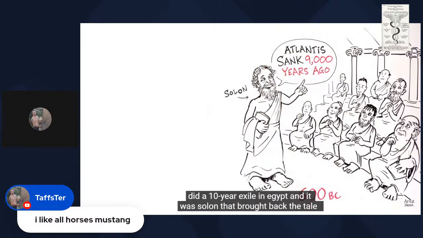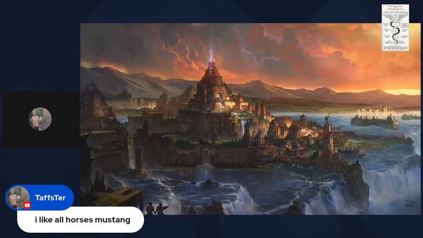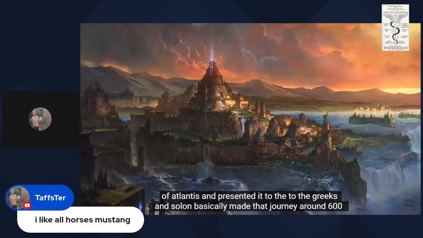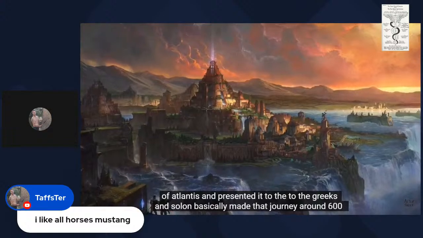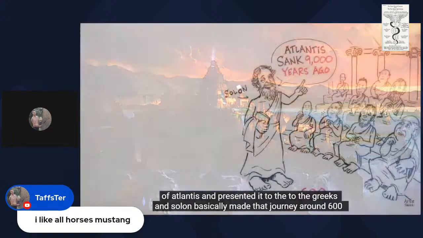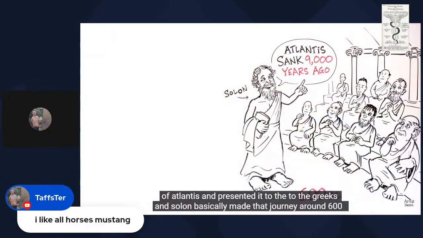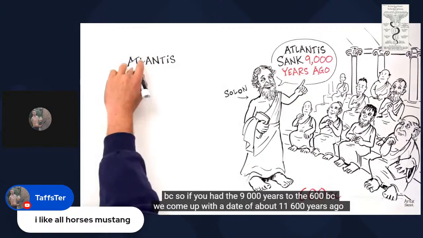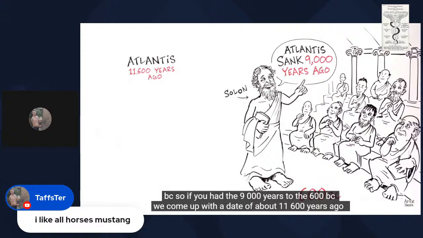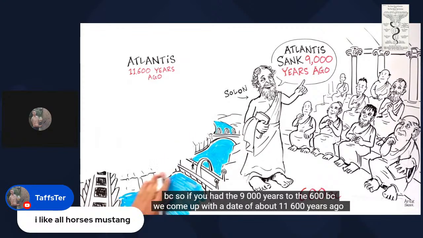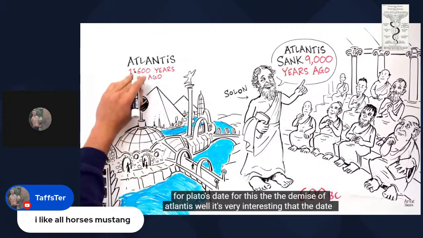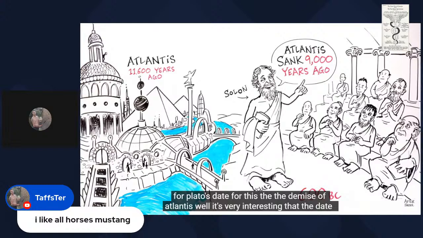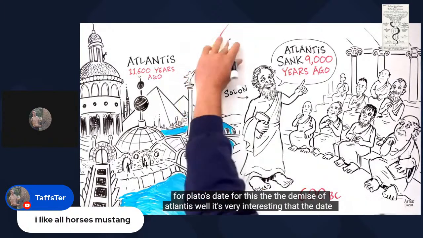Solon did a 10-year exile in Egypt, and it was Solon that brought back the tale of Atlantis and presented it to the Greeks. And Solon basically made that journey around 600 BC. So if you add the 9,000 years to the 600 BC, we come up with a date of about 11,600 years ago for Plato's date for the demise of Atlantis.